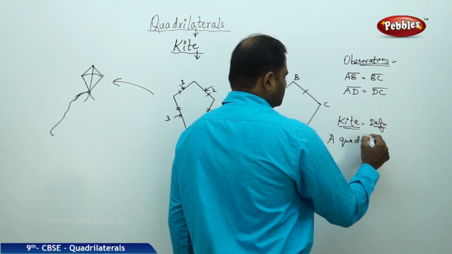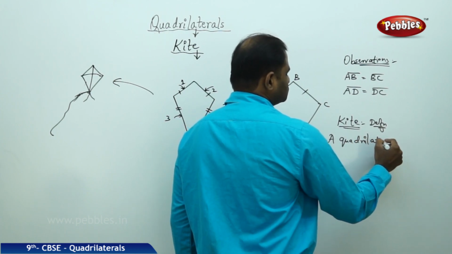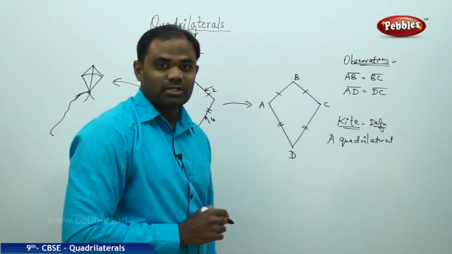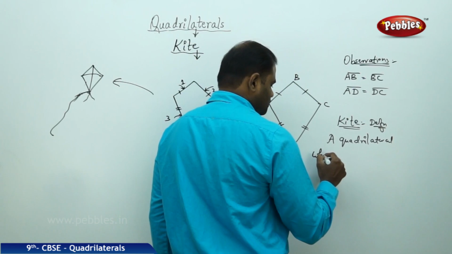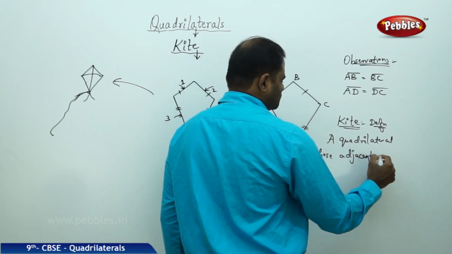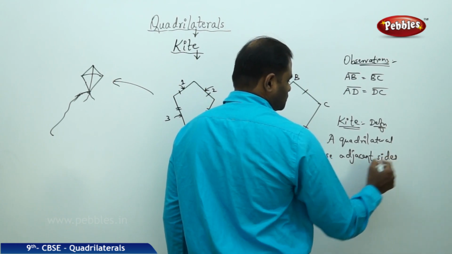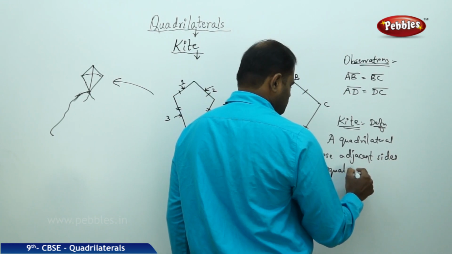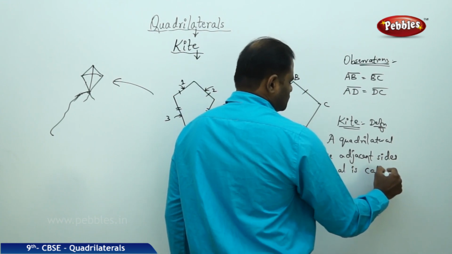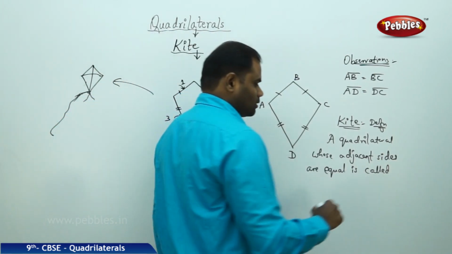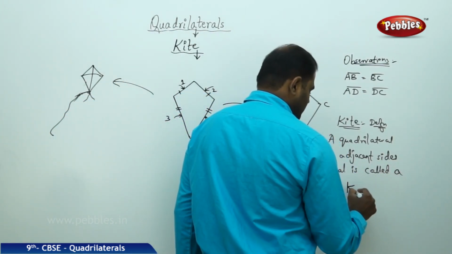A quadrilateral whose adjacent sides are equal is called a kite.